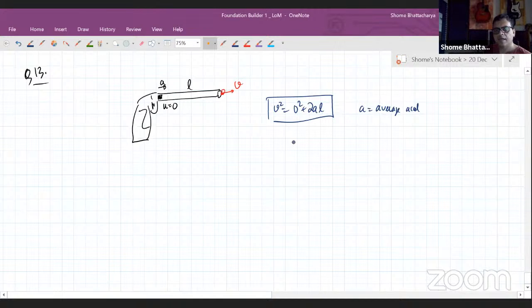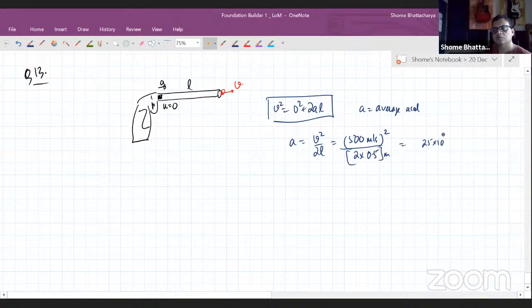The average acceleration will come out to be v square by 2l, which in this case is 500 meters per second whole square, divided by 2 into the length of the gun barrel, which is 0.5 meters or 50 centimeters. So this will be 2.5 into 10 raised to power 5 meters per second square. This is the average acceleration.